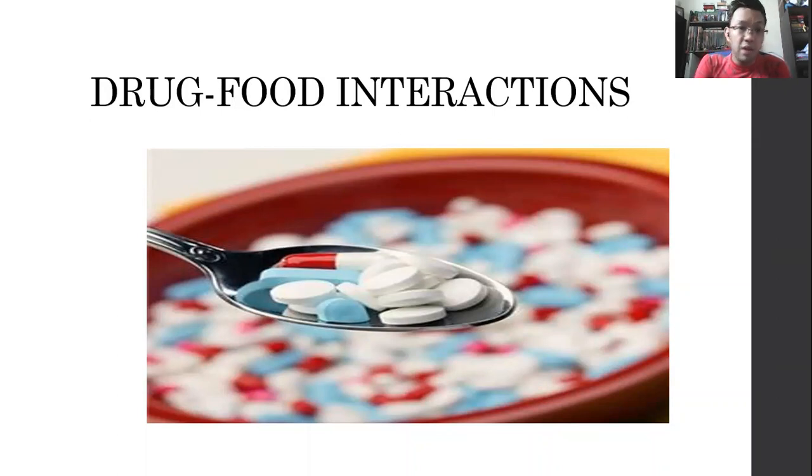You'll learn more about that later on. In short, they're called MAOIs. With MAOIs, you are going to teach the patient to avoid certain foods.